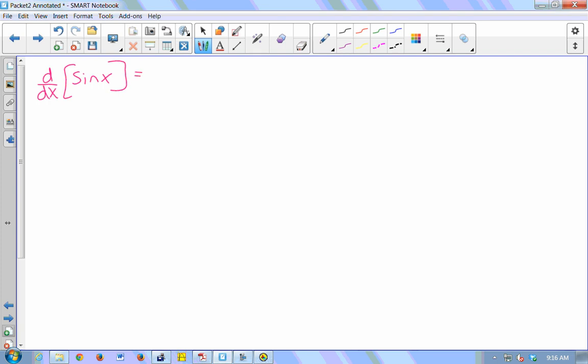So the limit definition of the derivative, right? f of x plus h minus f of x all over h. I'm just going to write that out. So I've got sine of x plus h minus sine of x all over h.